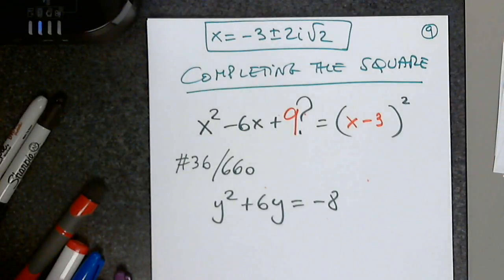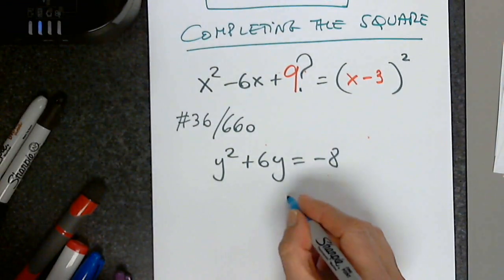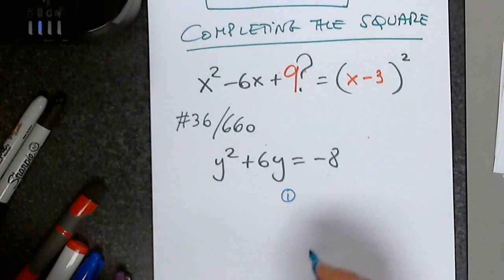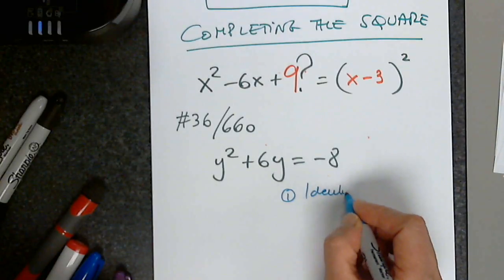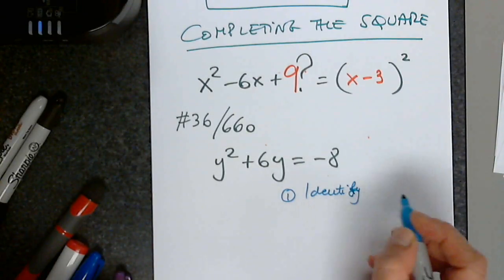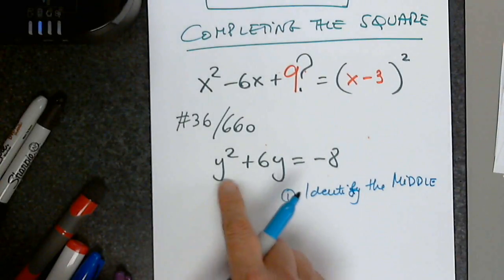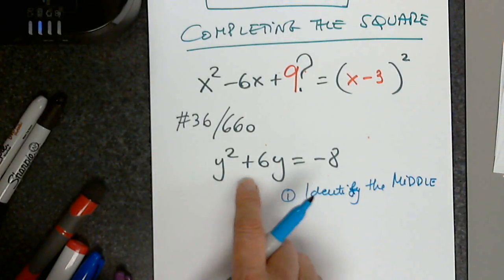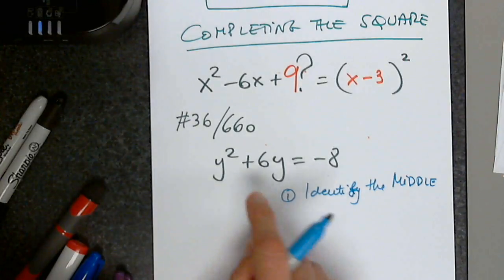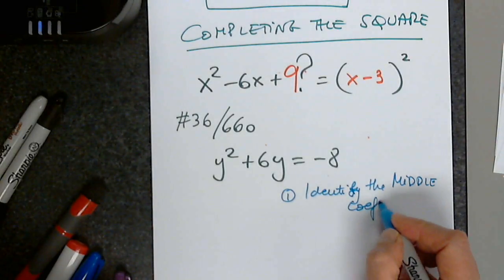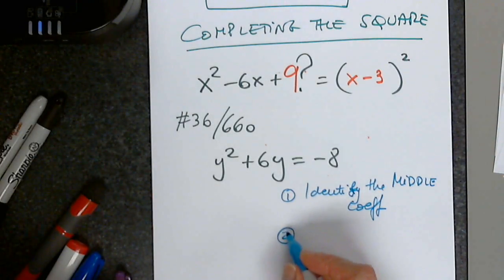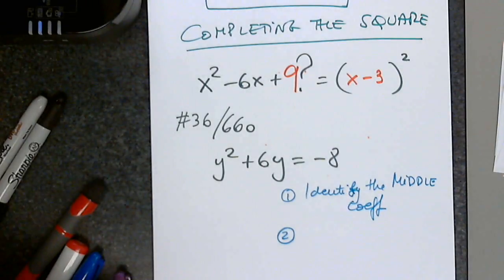So here's the step-by-step procedure. In step number 1, identify the middle coefficient. But it has to be in descending order. Otherwise, I won't be able to identify it correctly. So what is the middle coefficient in our problem? 6.